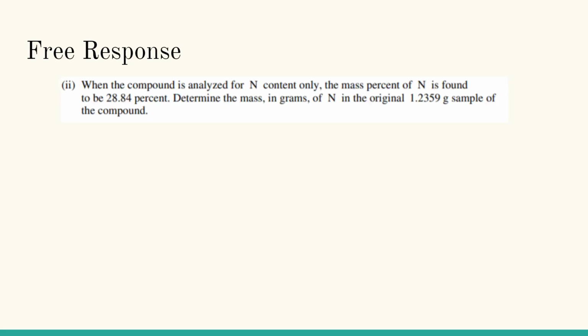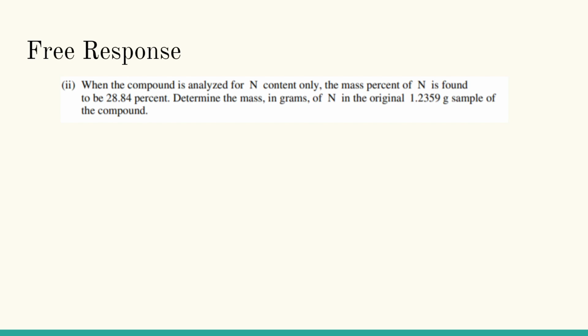This next question is asking for N, okay? And this is going to be a case where we want to try and find the laziest way to figure out all of these answers, especially if it's in a free response type question like this. It's saying that when we found N, it ended up making 28.84%.